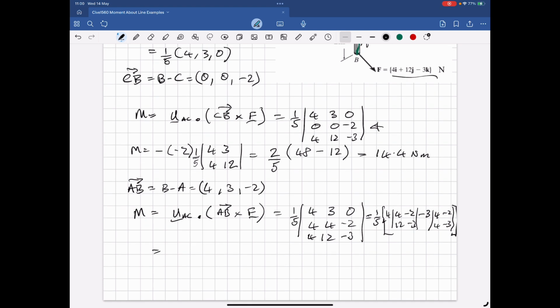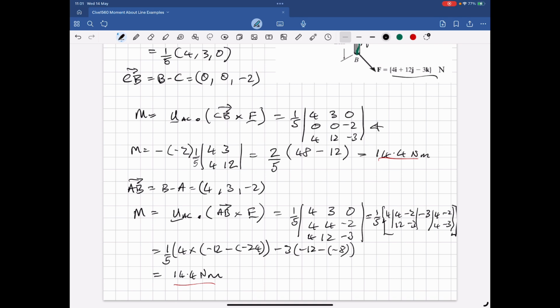If we expand that, keep my fifth here, so it's 4 times minus 12 minus 24, minus 3 times minus 12 minus 8. And if you do that calculation, you will see that that moment is equal to 14.4 Newton meters. Again, these two are equal.